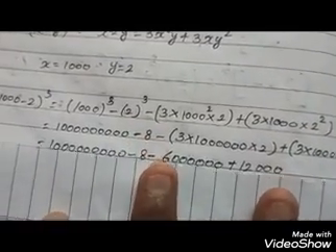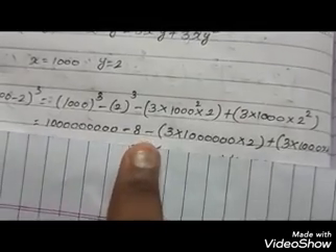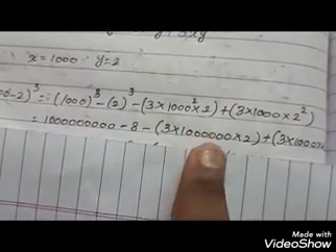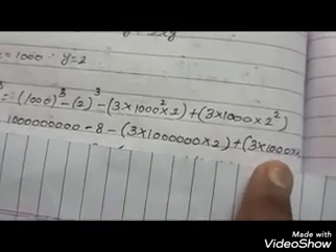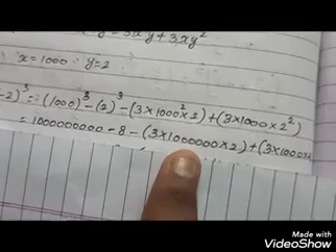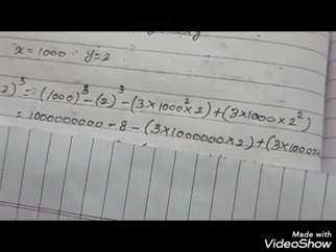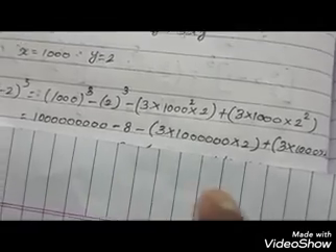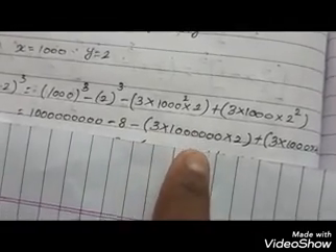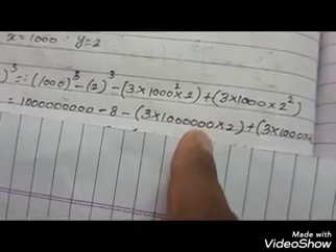So the value is 100 crore minus 8, minus 3 into 10 lakh into 2, plus 3 into 1000 into 4. 3 into 10 is 30, 30 into 2 is 60, so this becomes 60 lakhs.